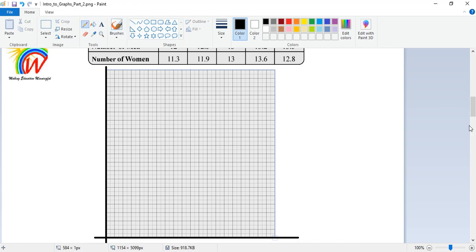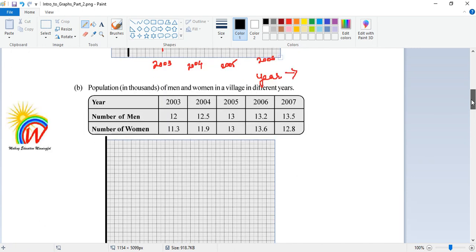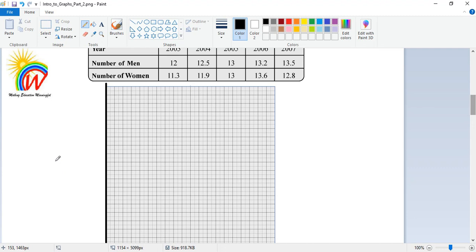I have to write year. On the y-axis I have to write both, number of people. Men and women both. So number of men or women, so number of people.